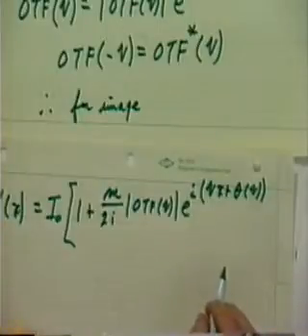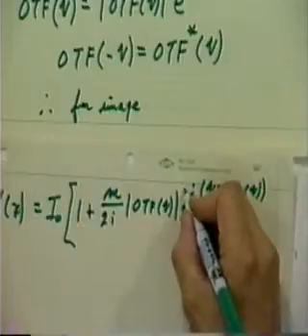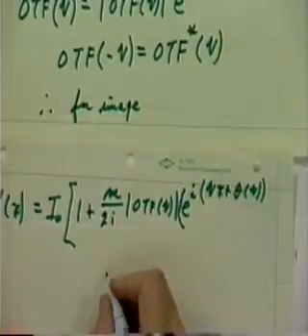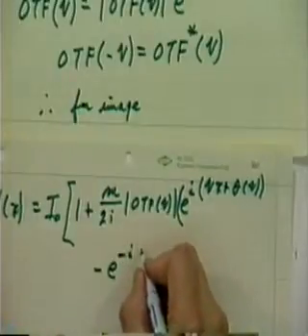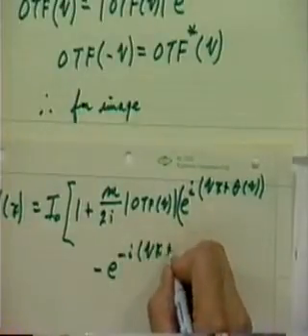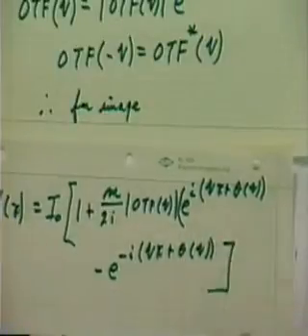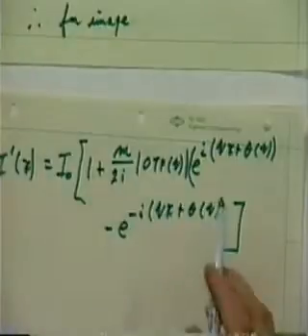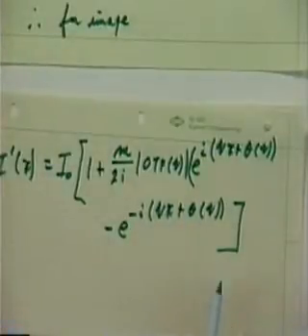And I have to do the minus frequencies here, so I'll put a parenthesis in here. Minus e to the minus i nu x plus theta function of nu. Okay? So I multiply this frequency component by the OTF.